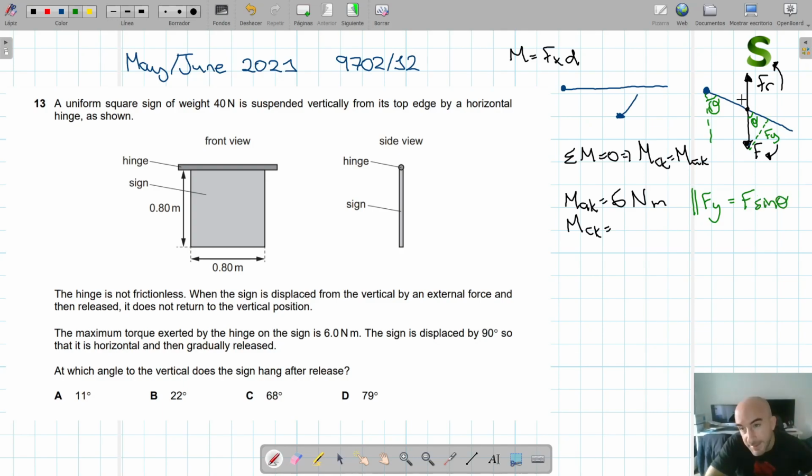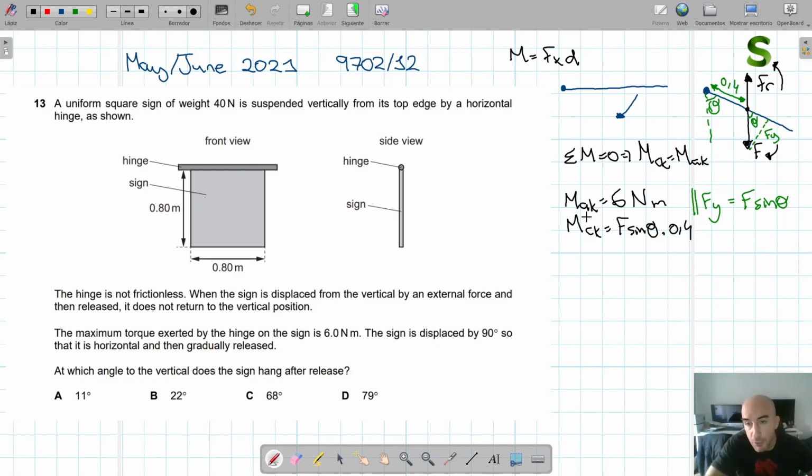Okay, and the distance is going to be this distance over here, which, if we suppose that it's a uniform sign, we can consider that the mass is in the middle, so the distance would be half of its length. Its length is 0.8, so we consider that this is 0.4. Okay, so the clockwise moment is going to be F sine of theta times 0.4.